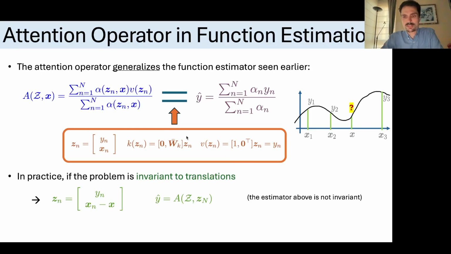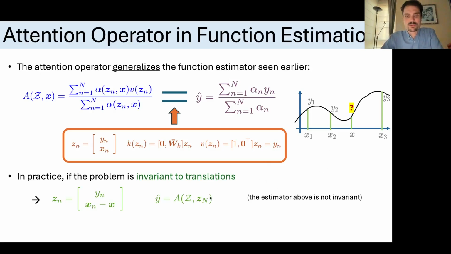This estimator can certainly be applied to the function estimation problem, but it may have some limitations. Remarkably, this estimator will not be invariant to translations. This means that if we change the coordinate system, the estimate will generally change.